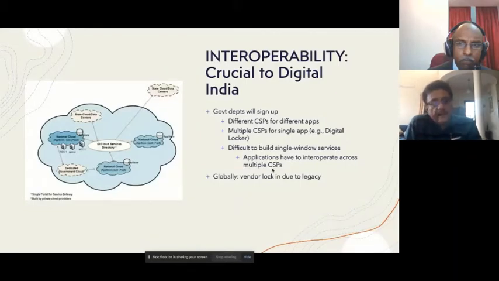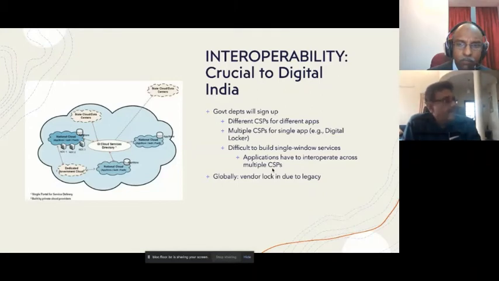These are likely to spread across multiple clouds, and it's going to be very hard to make these inter-cloud applications, particularly when you consider security, privacy, and handling of data. Transferring data from one cloud to another will be difficult. So that is why interoperability is very crucial to cloud computing.